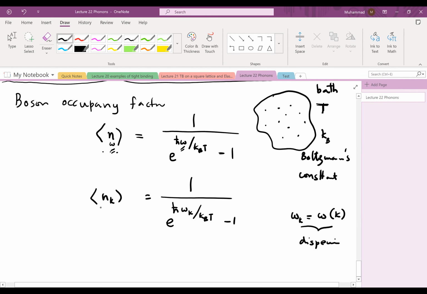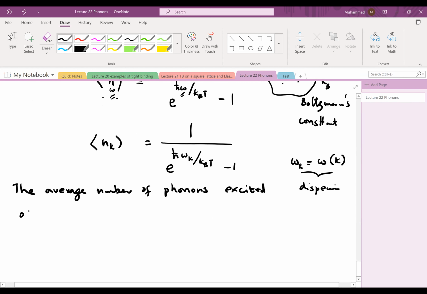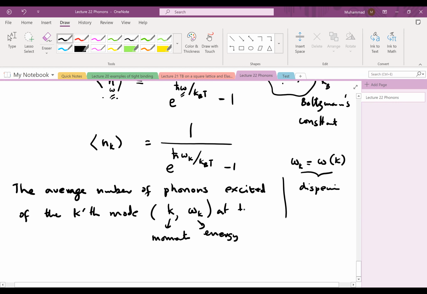Got it? So I'm going to repeat this. This is the average number of phonons excited or present inside the system of the kth mode, which means a momentum K and an energy omega K, at the temperature capital T.